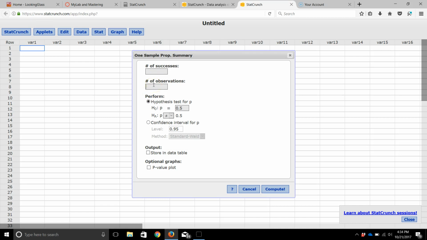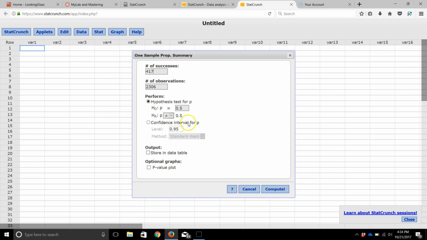And, let me turn my number lock on there. And the number of successes would be the number of people who were found to have donated blood in the past 2 years. That's 417. So we put in the total number of observations as well as the number of successes, or the count of the people of interest.